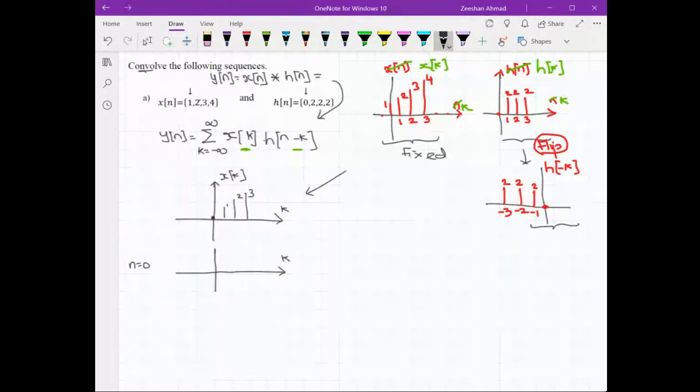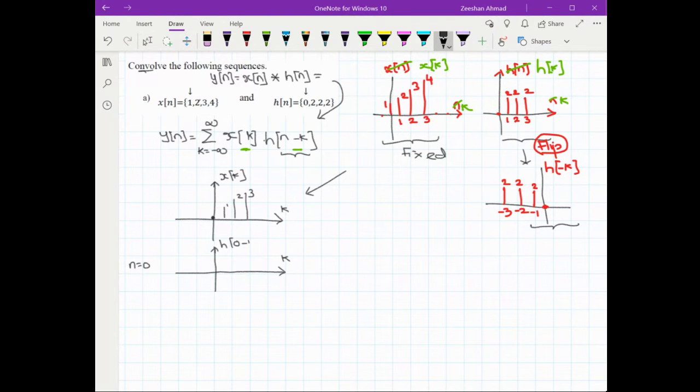This is k here. This is h of n, 0. So if I put 0 here, this will be, let me write 0 minus k here. So what will happen? This is 0. This is 2. This is 2. This is 2 here.